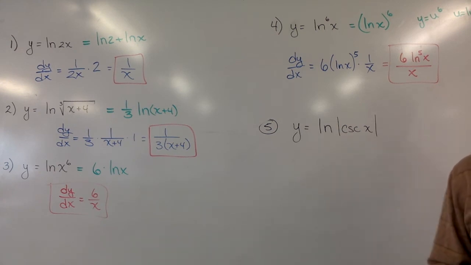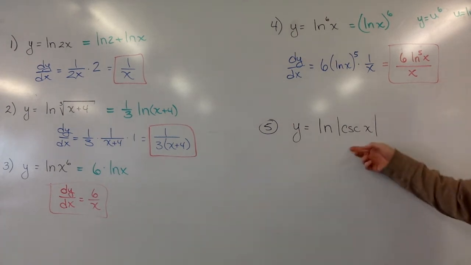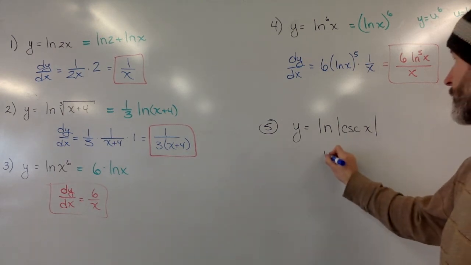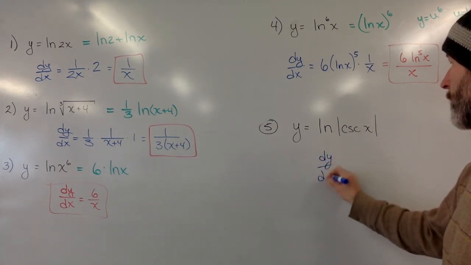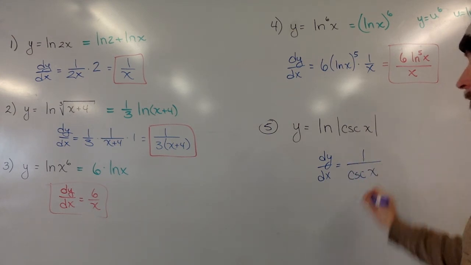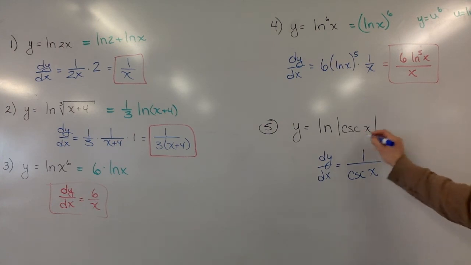Finally, even when we get to something a little bit weird, like trig values, it's not a big deal. We still are going to take the reciprocal of that logarithm times the derivative of what's in that logarithm.